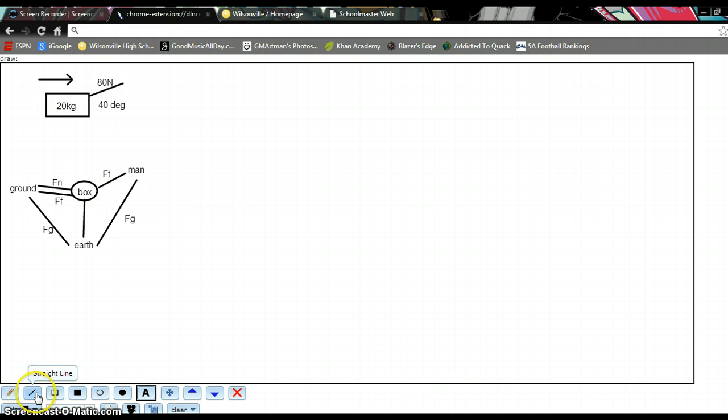So my force diagram would look like this. This is my normal force.